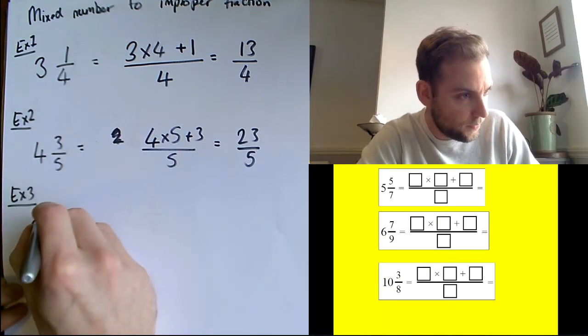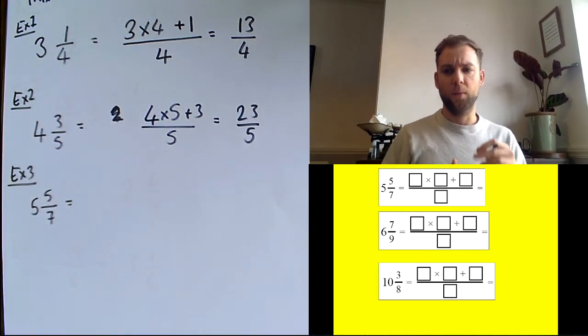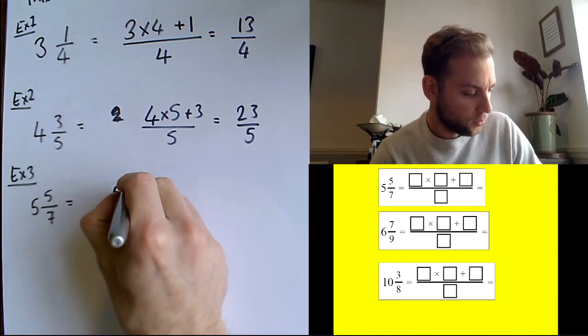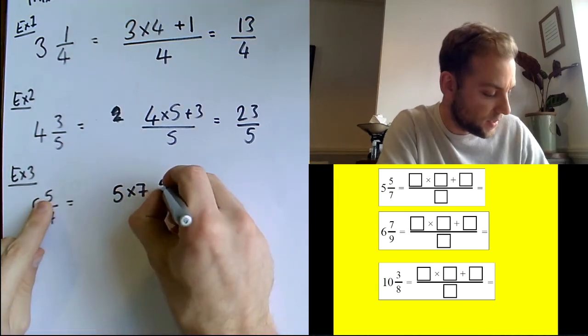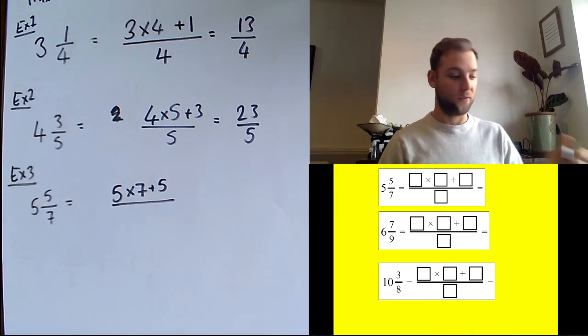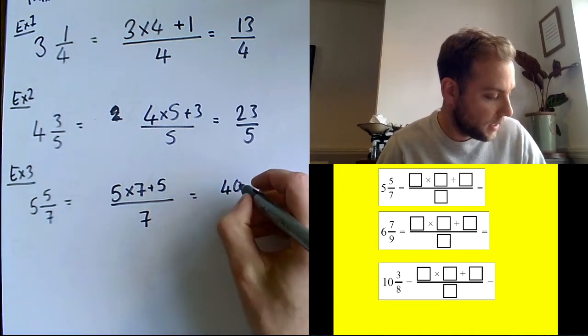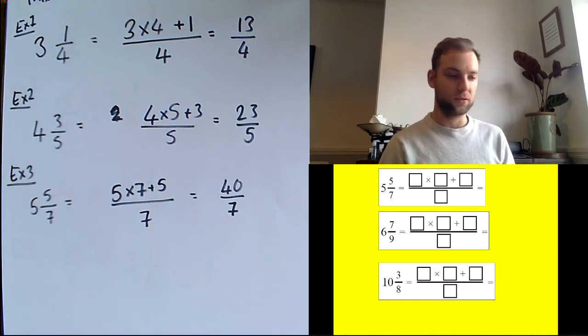So 5 and 5 over 7. 5 wholes split up into 7 parts, plus the extra 5 over 7. 5 times 7 is equal to 35, plus the 5 is equal to 40 over 7. Brilliant, that's that next one done.